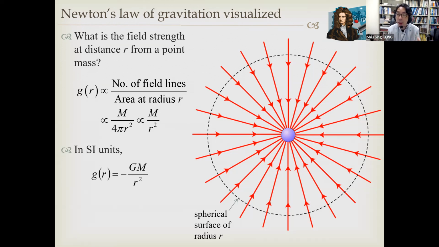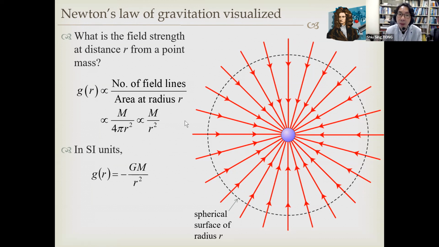And the area is the area of a spherical surface of radius r, which is of course given by 4 pi r squared. This is the area of the surface of a sphere.